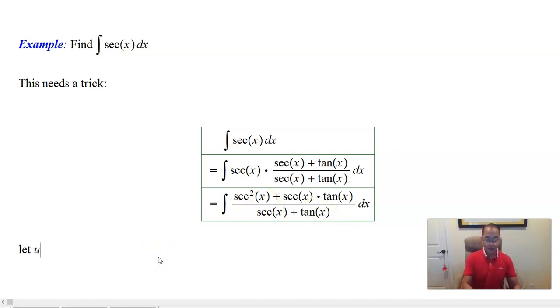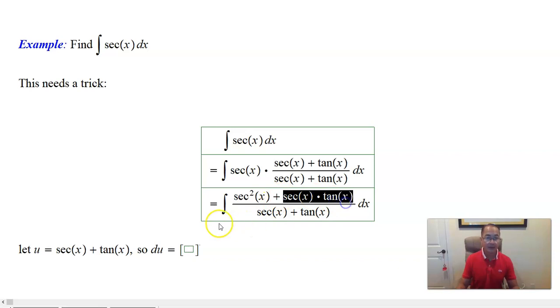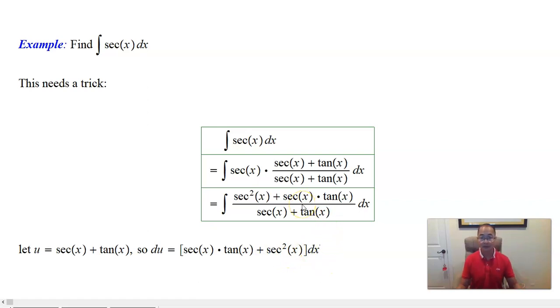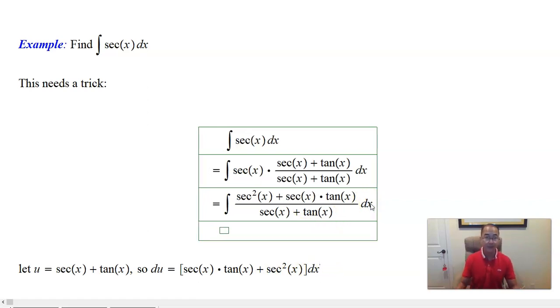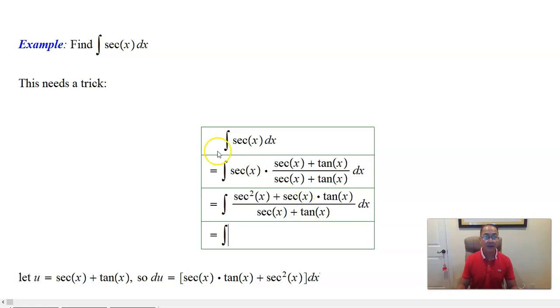So if we let u be the denominator, secant plus tangent, then du will be secant tangent plus secant squared dx, which is the numerator, only in reverse order. Who cares? It's commutative. So we have the integral of 1 over u du.